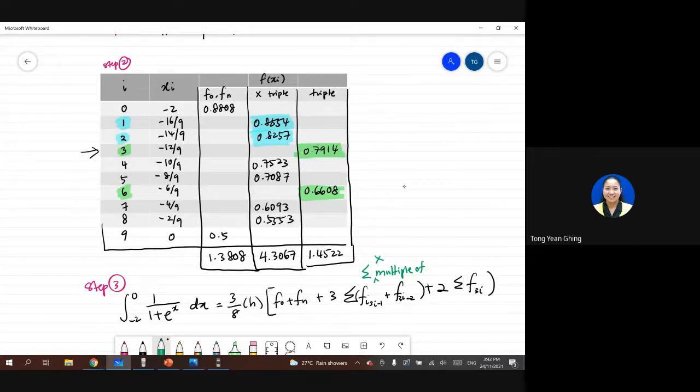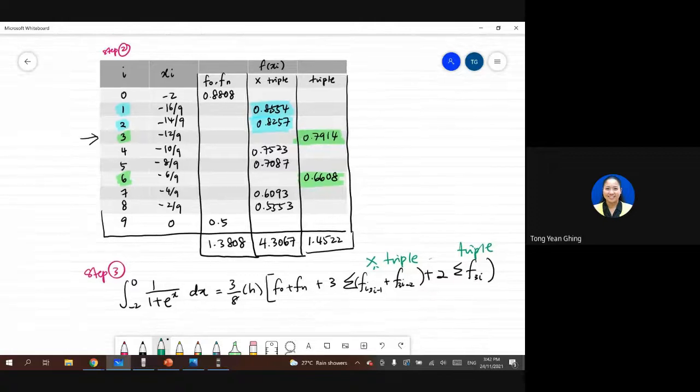This one is not the triple number, and this one is the triple.